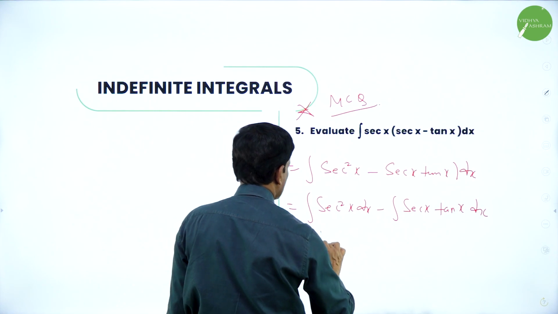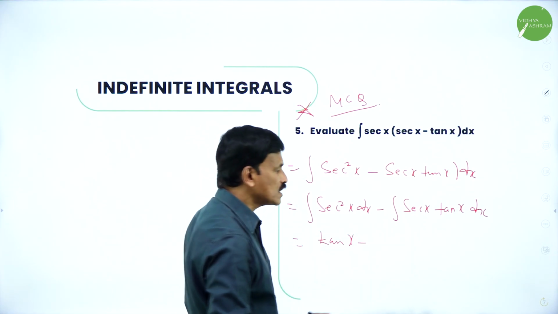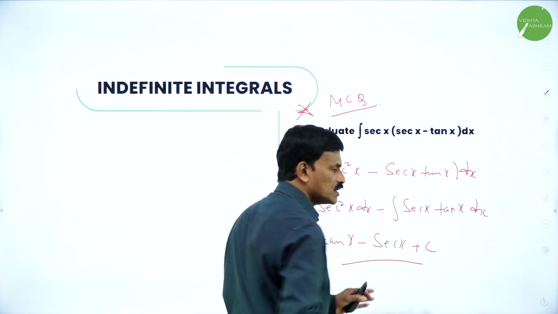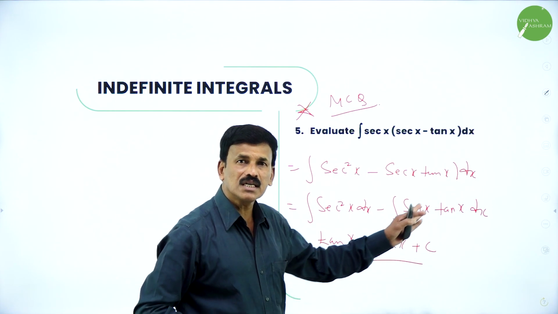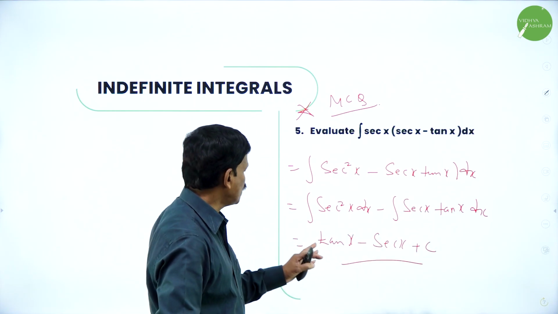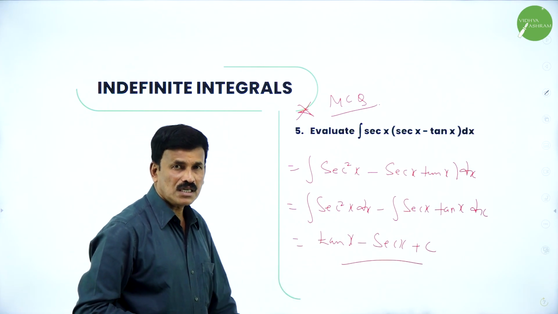So integral of secant square x is tan x minus, what is integral of secant x tan x? Integral of secant x tan x is secant x plus c. Since differentiation of secant x is secant x tan x, integral of secant x tan x is secant x. So the required answer is tan x minus secant x plus c.